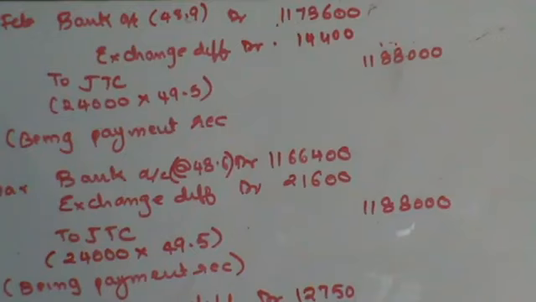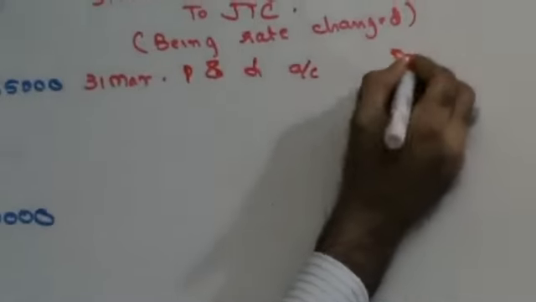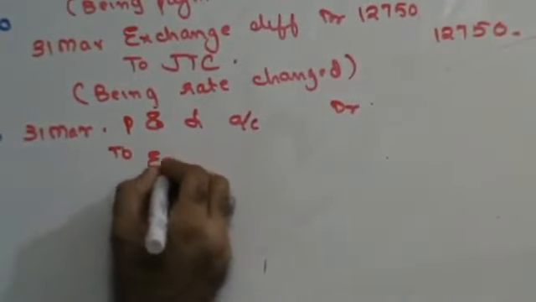What is the total net loss? Profit of 6250. Loss of 14,400. Loss of 21,600. Loss of 12,750. 42,500. Finally, P&L account debit to exchange difference.